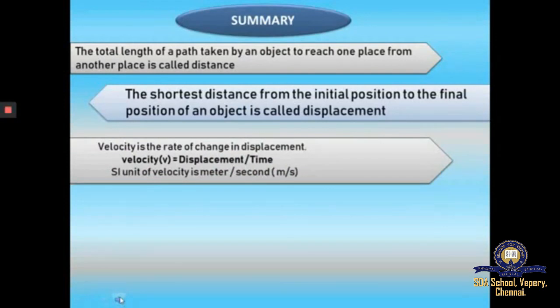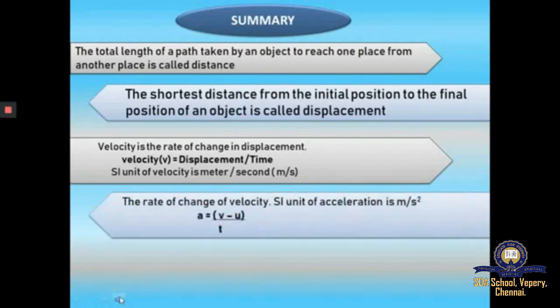Next, velocity. Velocity is the rate of change in displacement. Velocity is equal to displacement by time. SI unit of velocity is meter per second. Next, we learned what is called acceleration.